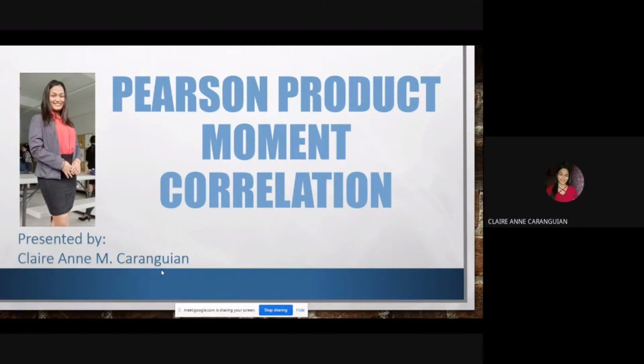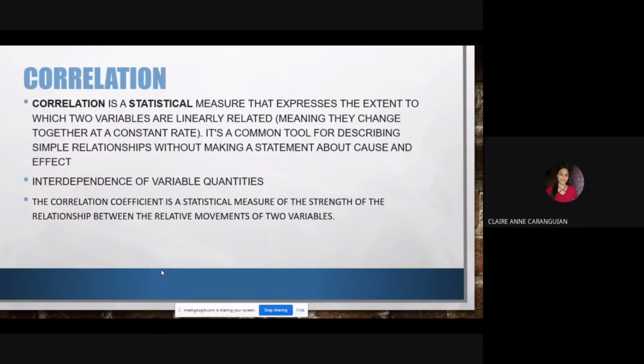When we hear correlation, what comes to your mind? Correlation is a statistical measure that expresses the extent to which two variables are linearly related, meaning they change together at a constant rate.